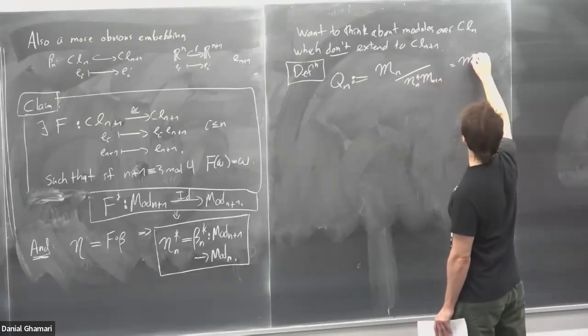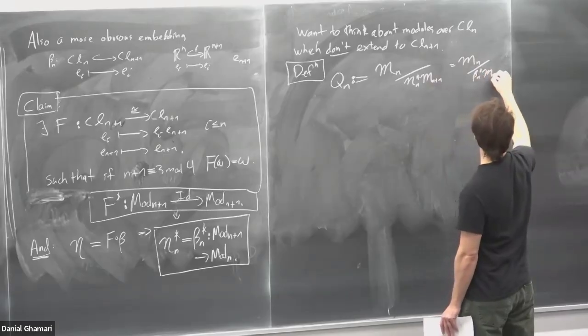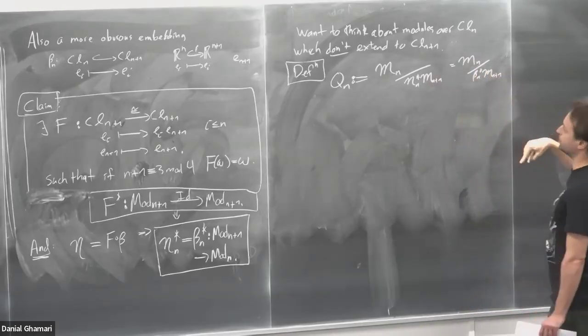Like I just said, it doesn't matter if you consider the even embedding or the basis embedding for the pullback map on modules.